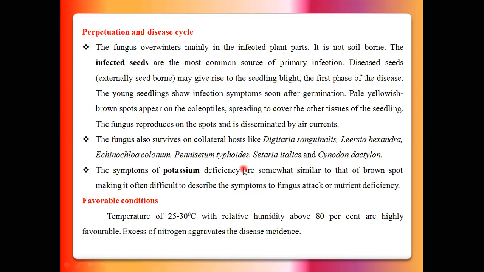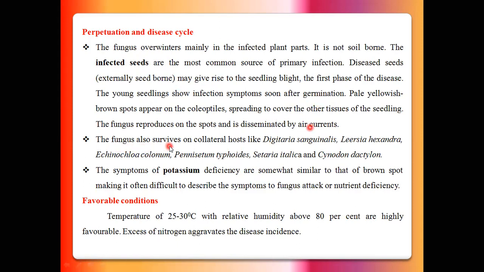Then primary infection and secondary infections. Infected seeds and infected plant parts are the two sources that initiate the disease in healthy plants.